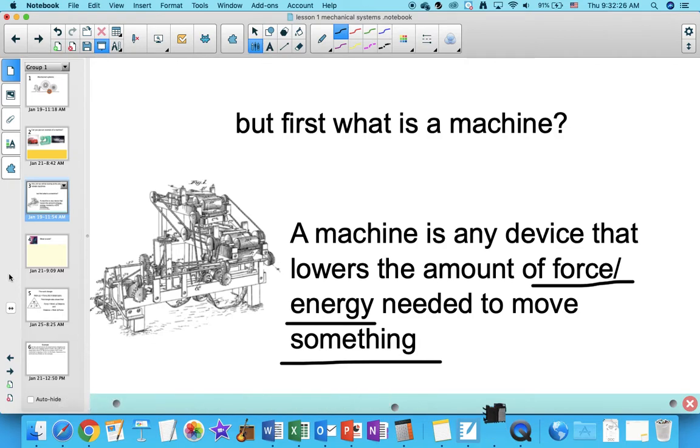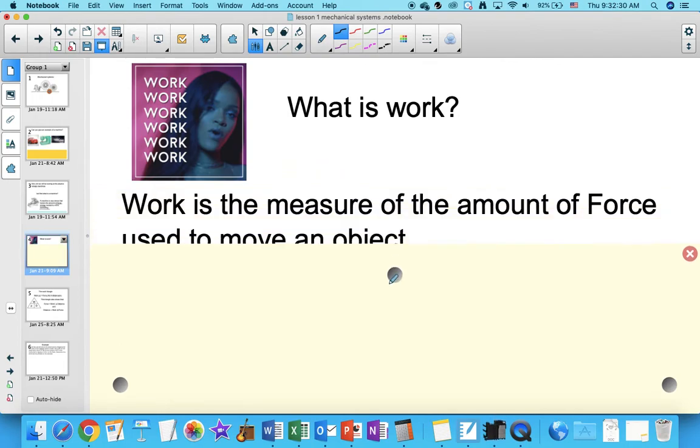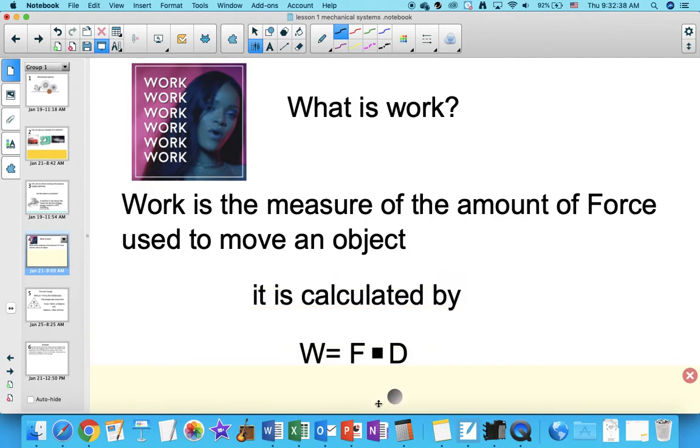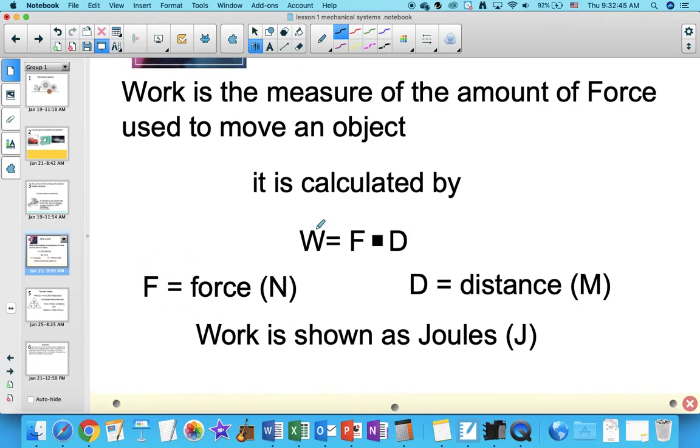So then, what's work? Well, work is the measure of the amount of force used to move an object. And we can actually calculate work with the calculation work equals force times distance, right? Work equals force times distance.